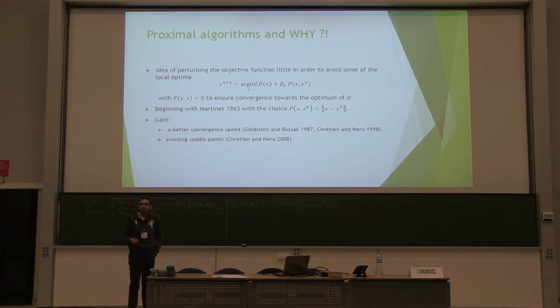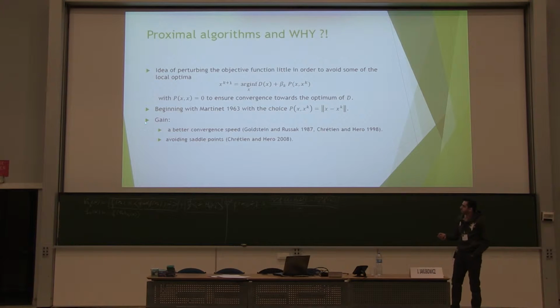What do we gain? In fact, there were many authors who tried to investigate proximal algorithms. I can cite two main properties of proximal point algorithms. The first one is that we get a better convergence speed.